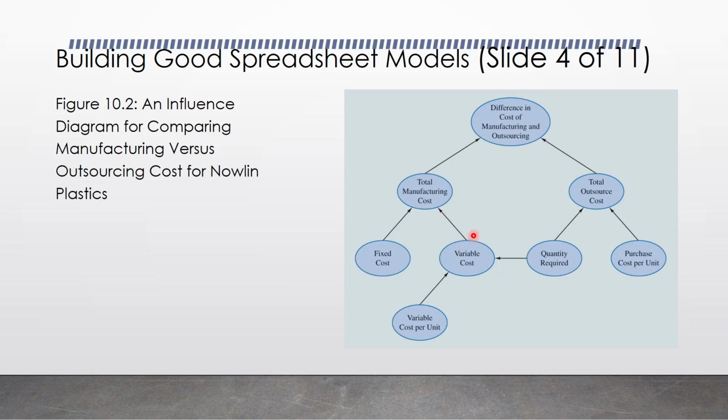This modular approach simplifies the process and reduces the likelihood of error. And this is true not just for influence diagrams, but for the construction of the mathematical and spreadsheet models as well. Next, we turn our attention to using the influence diagram in this figure to guide us in the construction of the mathematical model.